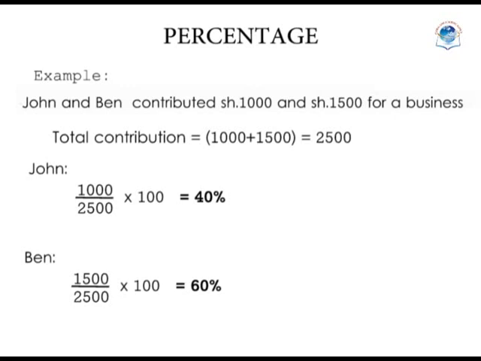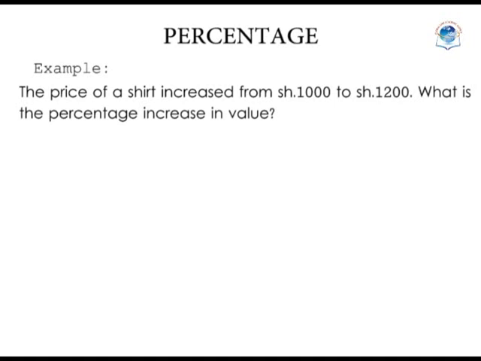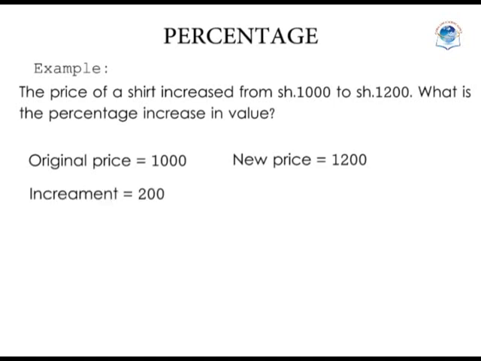For example, the price of a shirt increased from 1,000 to 1,200. Find the percentage increase in value. So the original price is 1,000 shillings, and that is equivalent to 100%. The new price is 1,200, so the price increase is 1,200 minus 1,000.